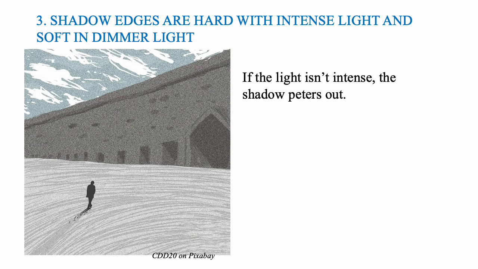A third variable that affects shadow edges is how intense the light is. So if the light is intense, we have hard edges. If the light is dimmer, then we have soft edges. And this is an example of dimmer light, and we get sharp shadows near the casting surface, but in this backlighting, we lose the sharpness as it comes toward the viewer.